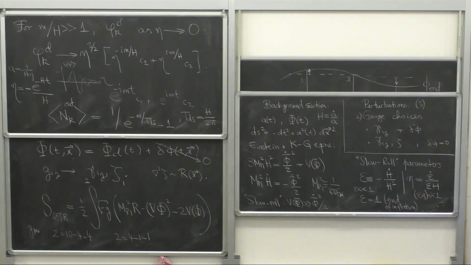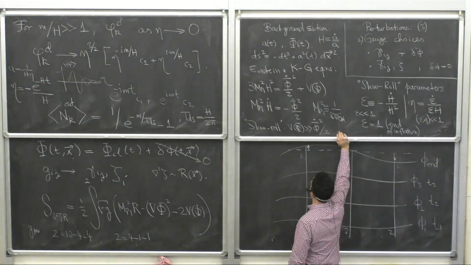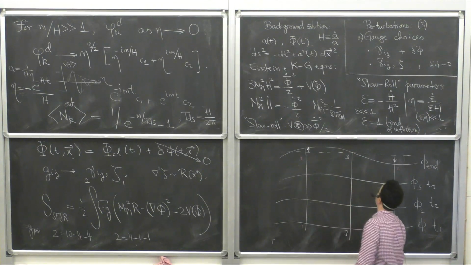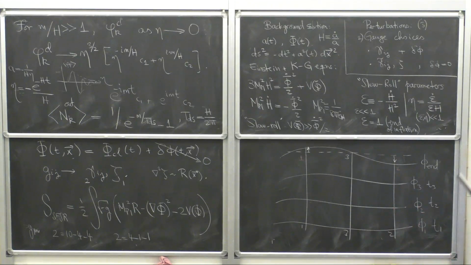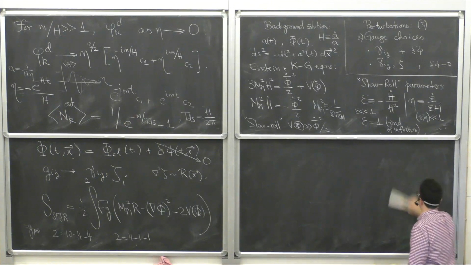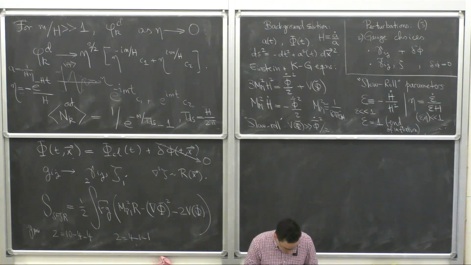Eta doesn't need to be much smaller than 1, though; it's useful for calculational purposes. Meaning there are models of inflation for which epsilon always needs to be relatively small, but eta can even be big sometimes. Spectacular things can happen. But we're going to do the vanilla thing.